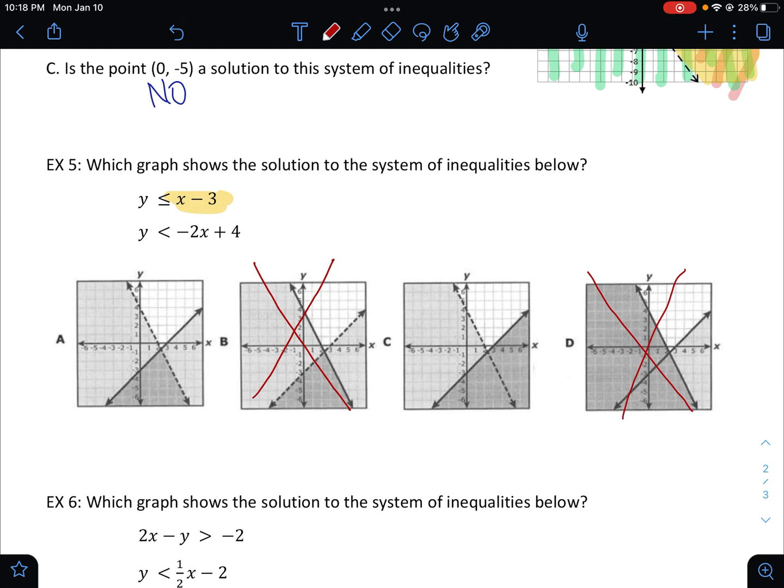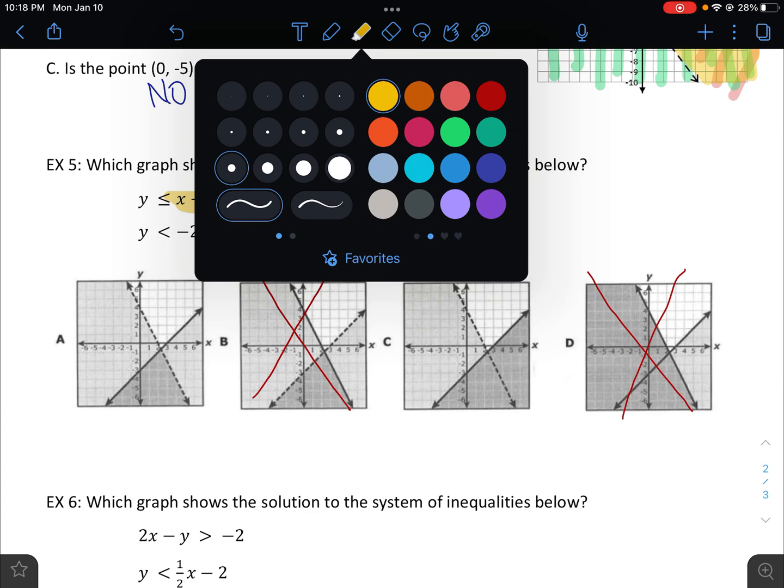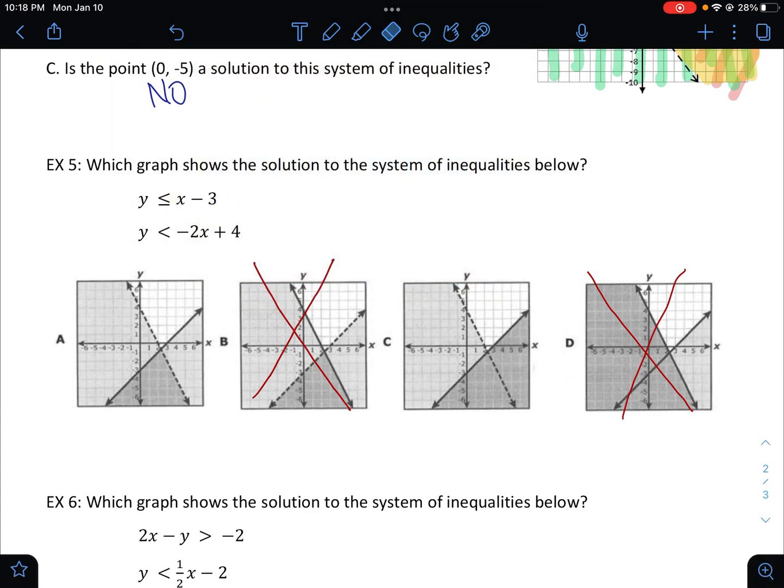So now I have to determine out of the two which would be the correct shading. Looking at my first line, it is opening away from the y, which means we're shading below on the solid line. I'm going to find my y-intercept and go down.